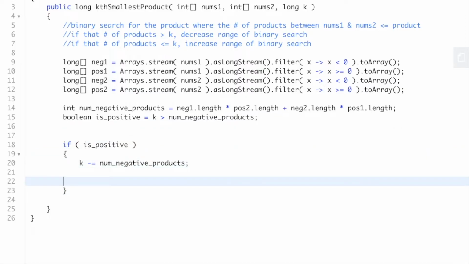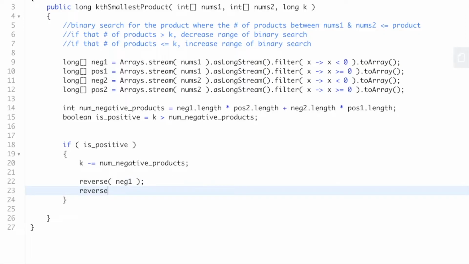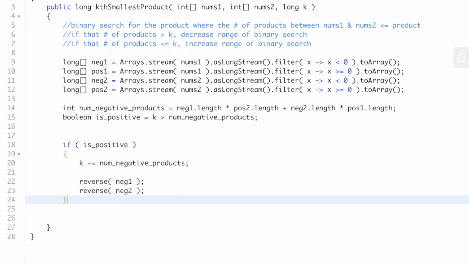Okay, so if it's positive, we want to reverse neg1. We want to reverse neg2. And I'm going to write this helper function in a second. It'll be fast. And then else, if it's in the negatives, we want to reverse our positive arrays.